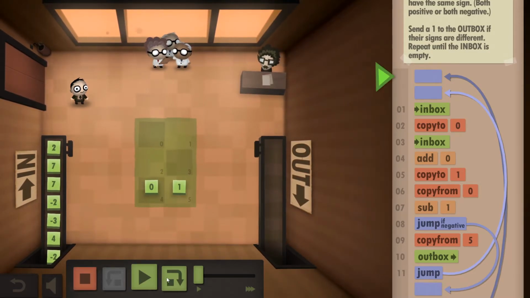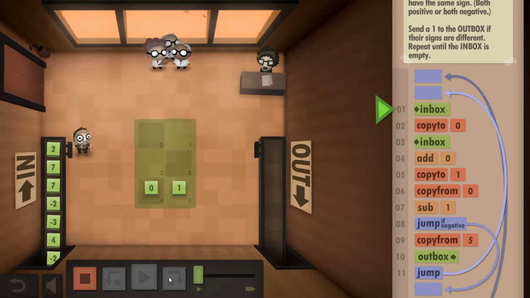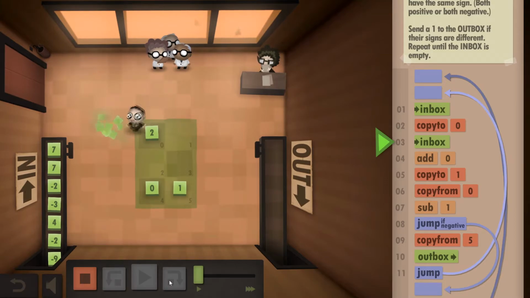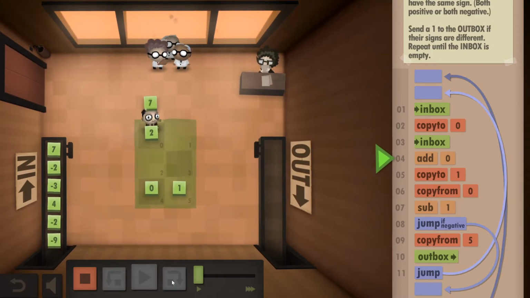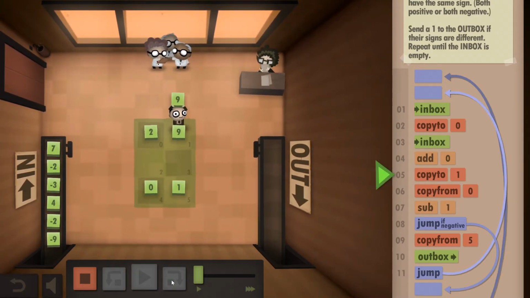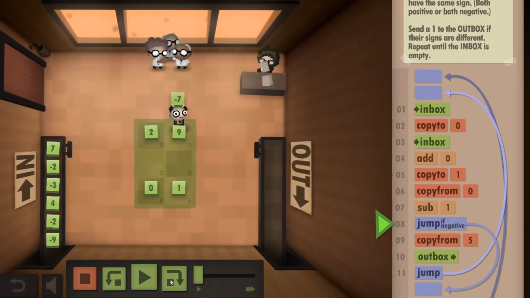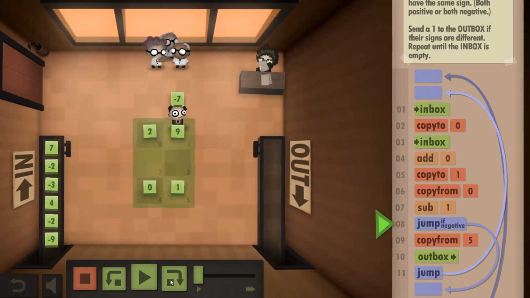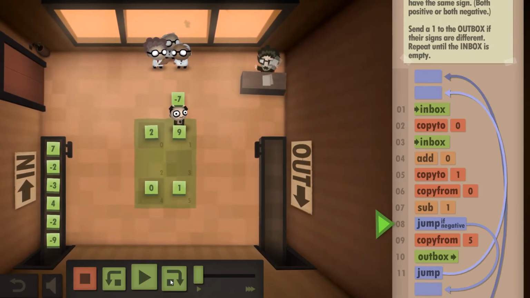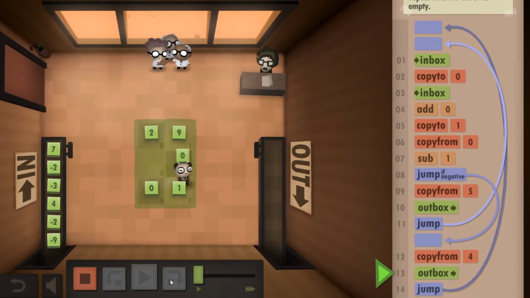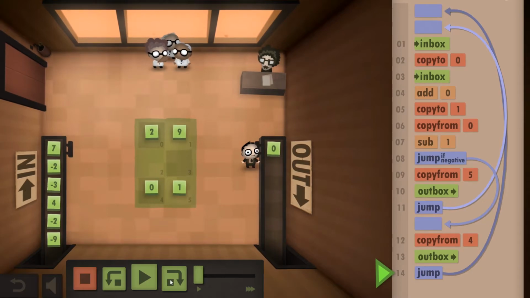So let's step through this case and just see if we can figure something out from looking at the opposite case. We get a 2, we get a 7, we get 9. Now we're going to do the subtraction, and we end up with a negative number. So it works fine for positive numbers. It's just when both numbers are negative that we run into problems.